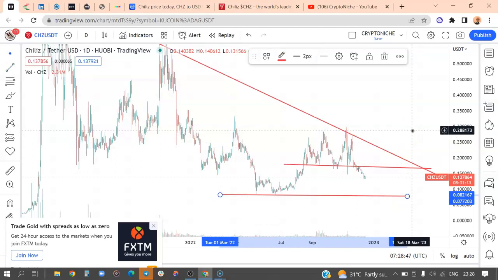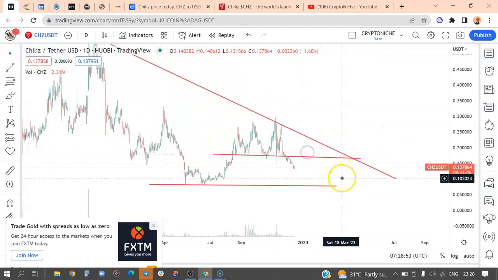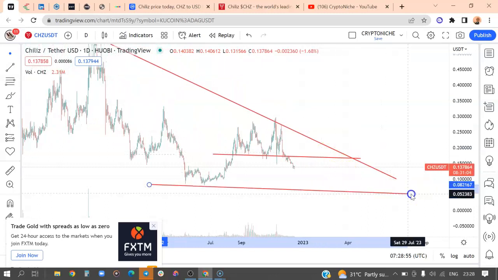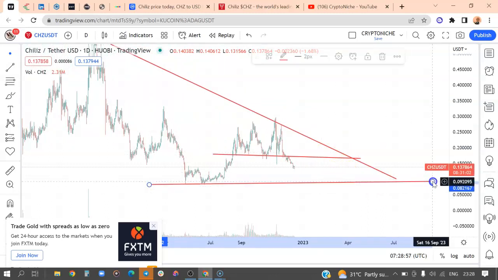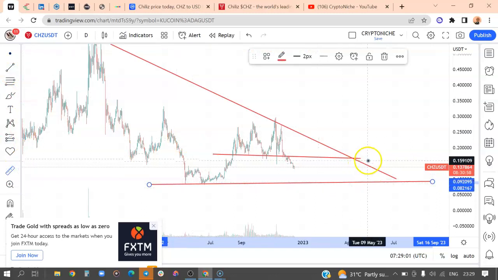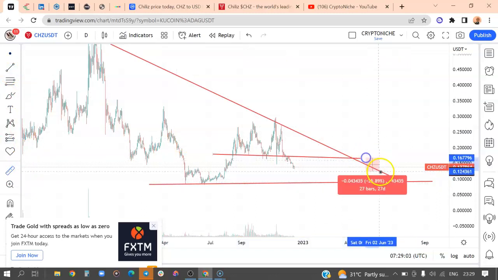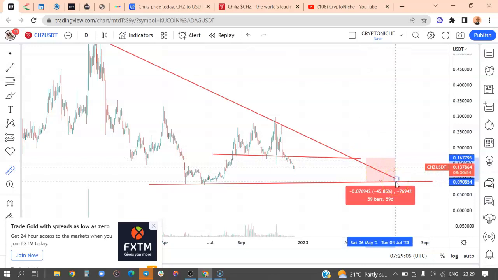So when support is here, how do you trade this? If you try to measure this, between here and that support, that is a 45% difference, minus 45%.